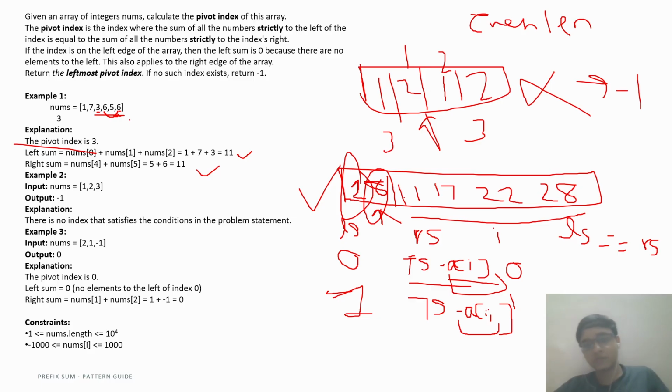So yeah, this formula is right. I was a bit confused, but that's how we make the confusion into clarity: just try to run it and see where you stand. So let's implement this on LeetCode by making this prefix sum and applying this formula, which is absolutely right.